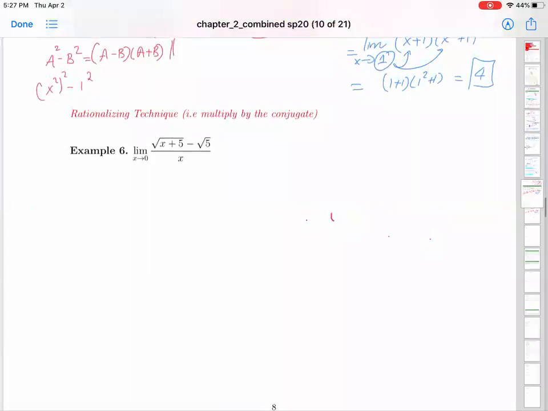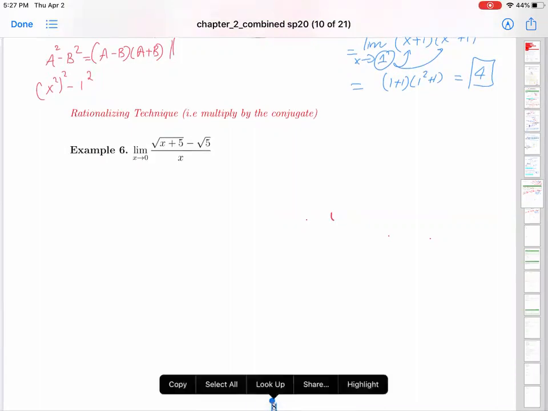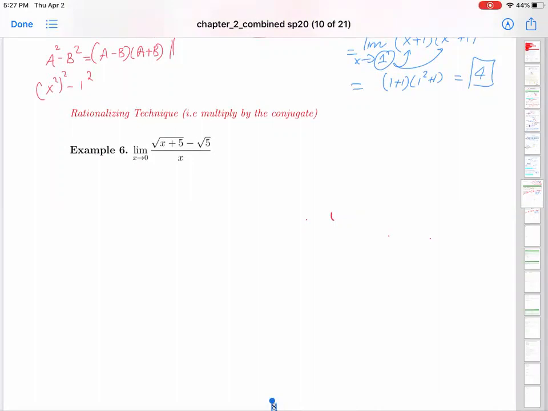And the second technique is the rationalizing technique. That means when you see a radical form like this, you can think of multiplying the whole function by the conjugate of the numerator.